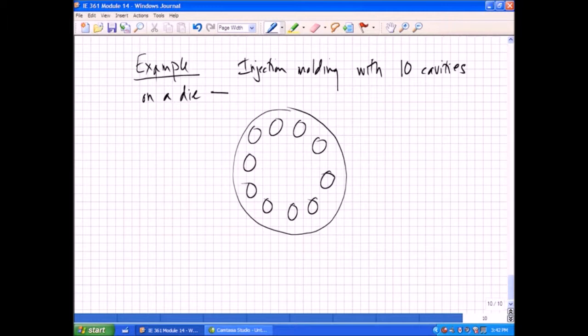We get 10 parts. Now, let's suppose, for the sake of argument, that one cavity is perfectly bad. All the other cavities are perfectly good, but that one's perfectly bad. The thing was just made wrong.